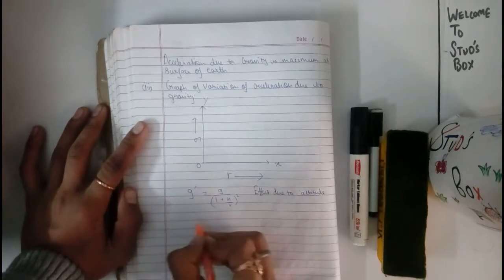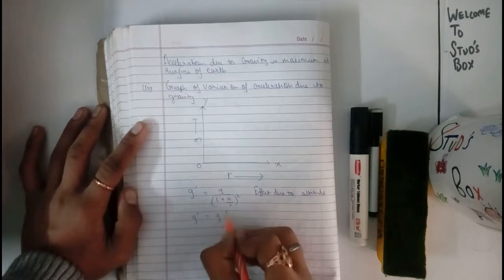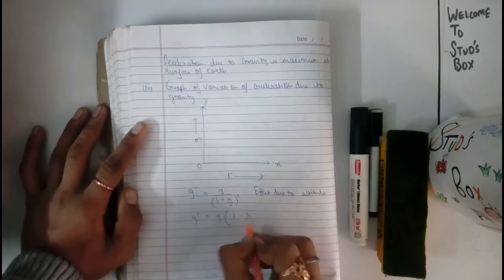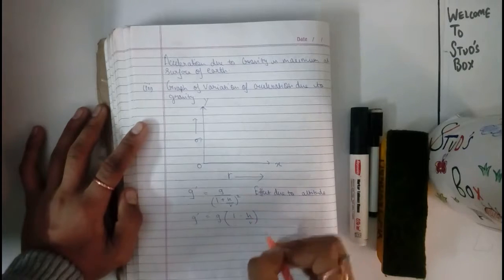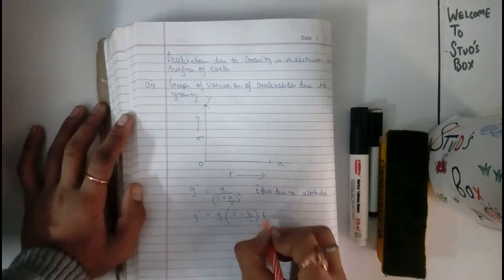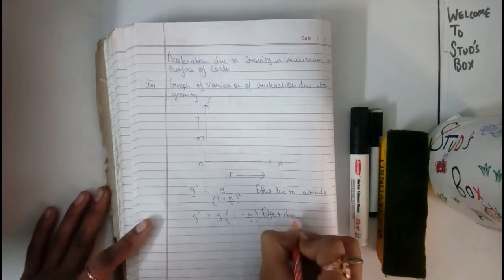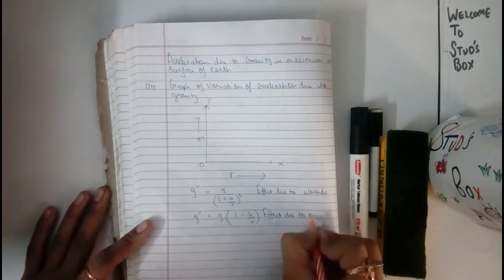Secondly, we know that g' equals g (1 minus h by r), and this is the effect due to depth.